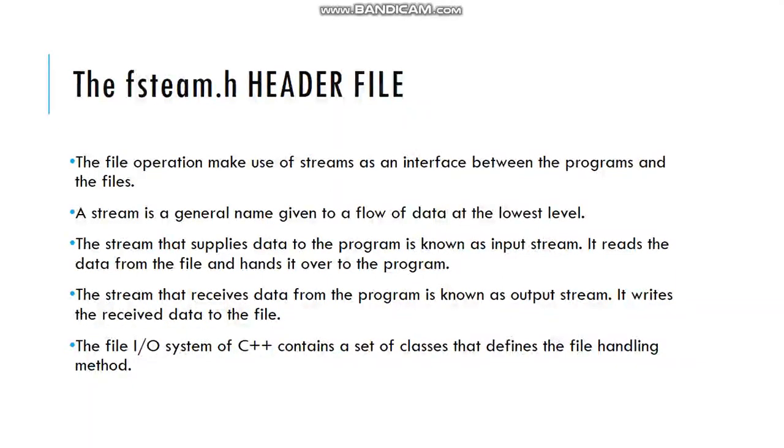So the point says that when we want to write something to an external file, then we will use the output stream. The last point says that the file input or output system of C++ contains a set of classes that define the file handling methods.